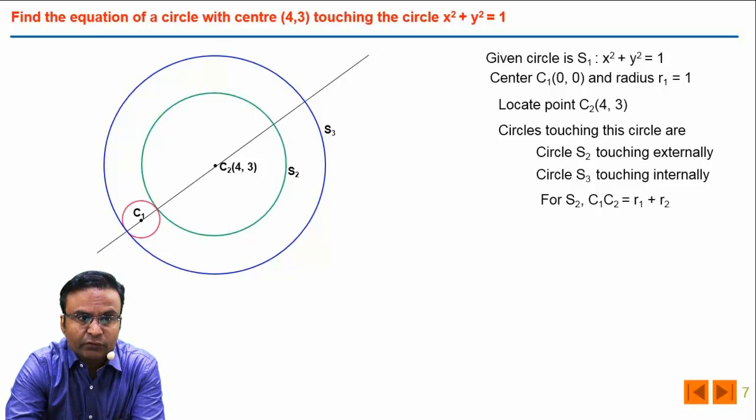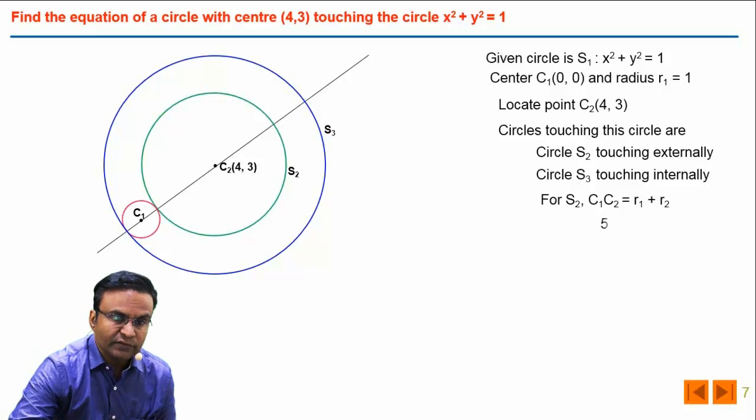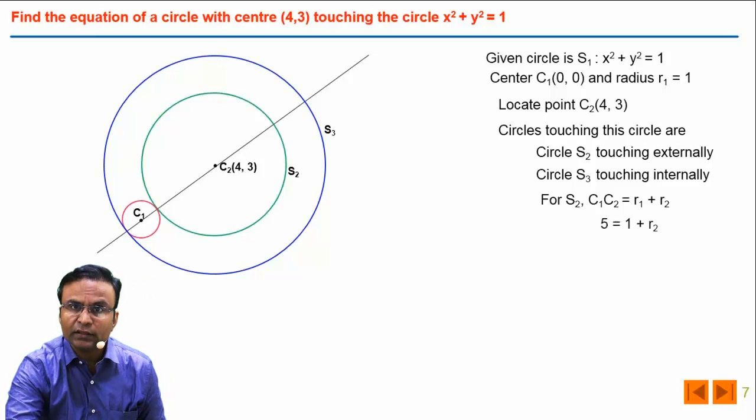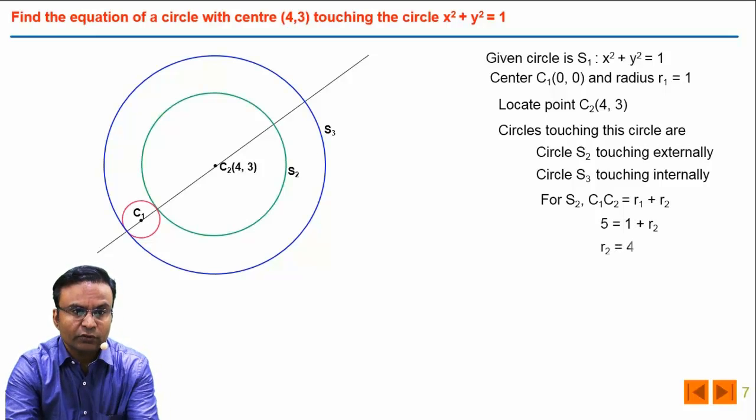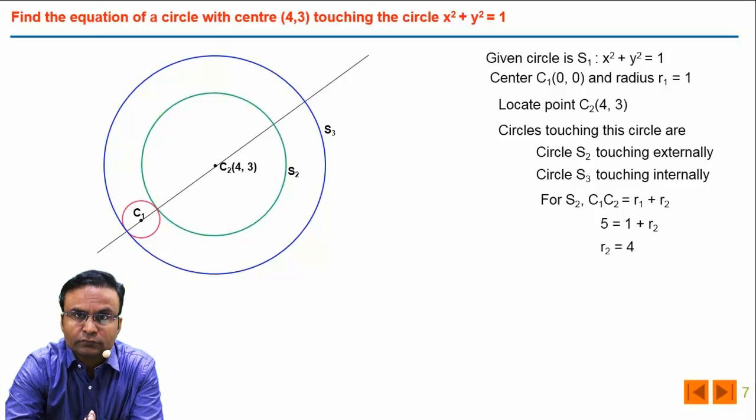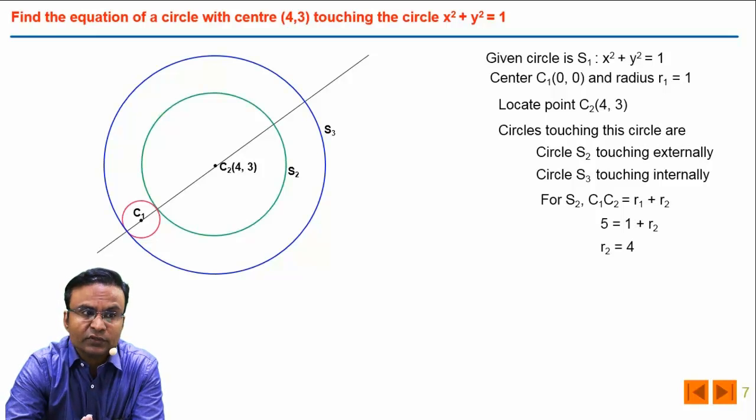Now we have C1C2 = 5 and radius of circle 1 is 1. So we have 5 = 1 + R2. From this we get R2 = 4. So we got the radius of circle S2. Center is there. We can find the equation using center-radius form.